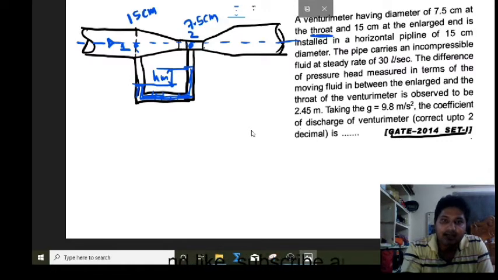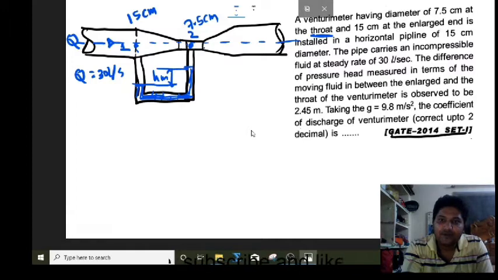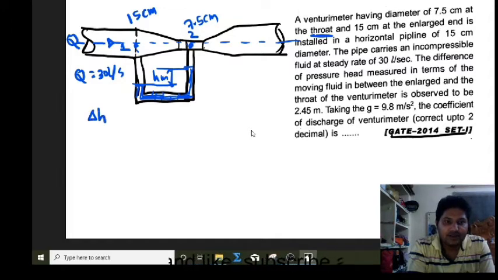The discharge is 30 liter per second, and the difference of pressure head measured in terms of the moving fluid between the enlarged section and the throat, this delta H, is 2.45 meter, and g is 9.8 meter per second squared.